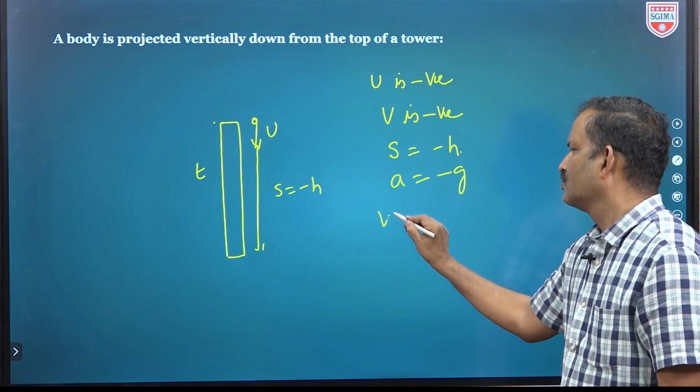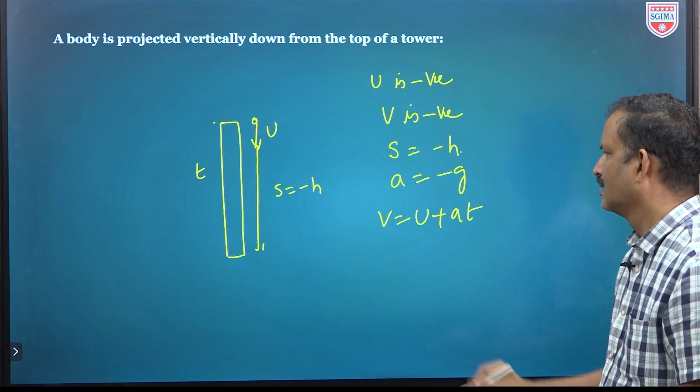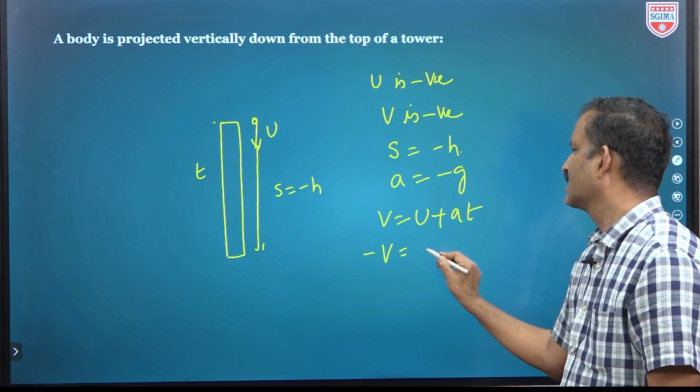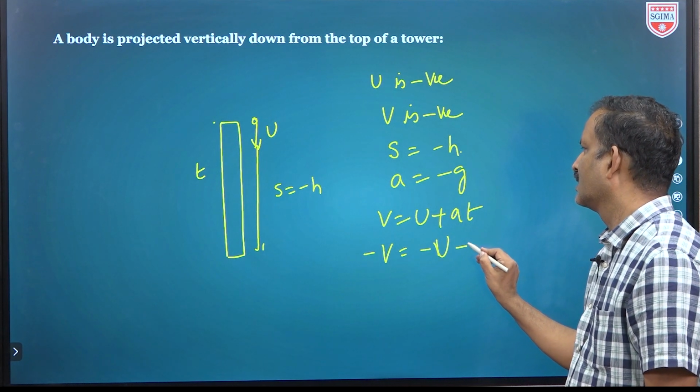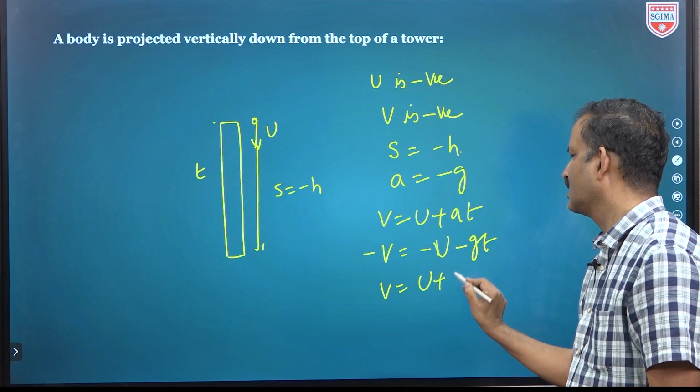So, if you write the formula v equal to u plus at, then what are you getting now? V is negative, u is negative, a is negative. So, v is equal to u plus gt.